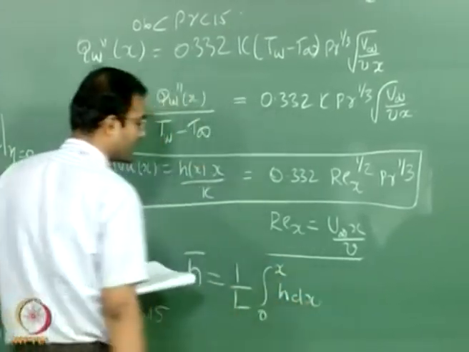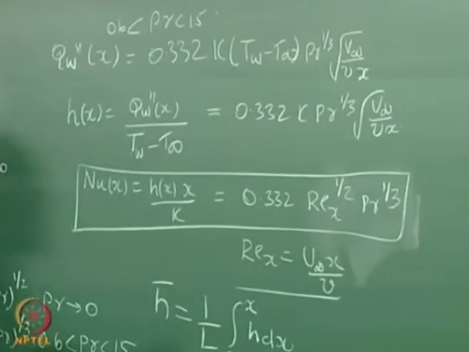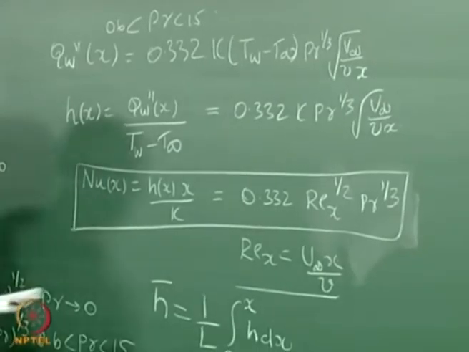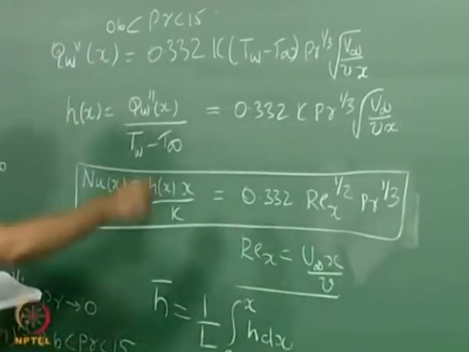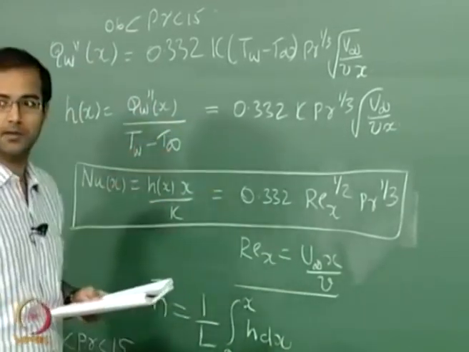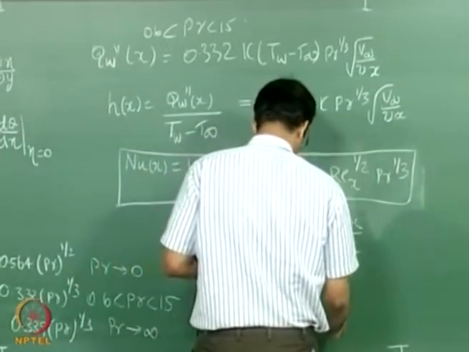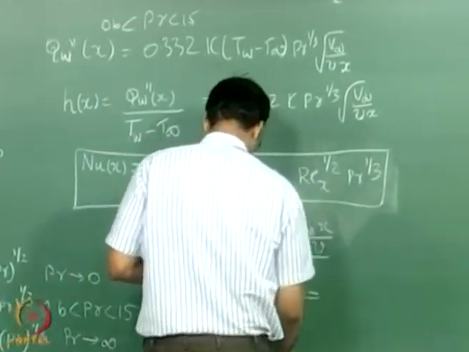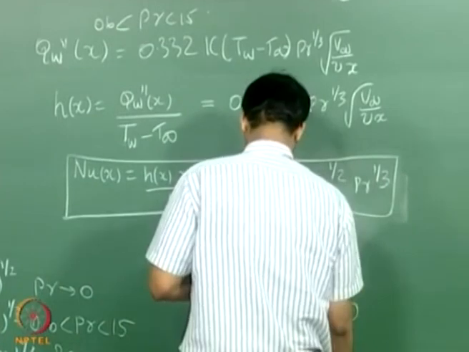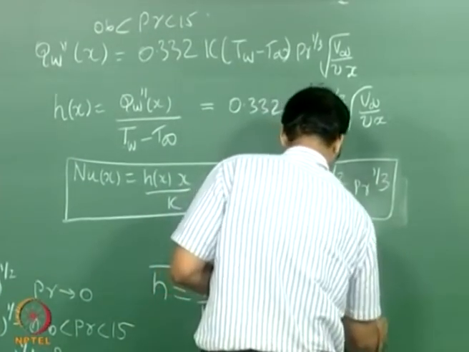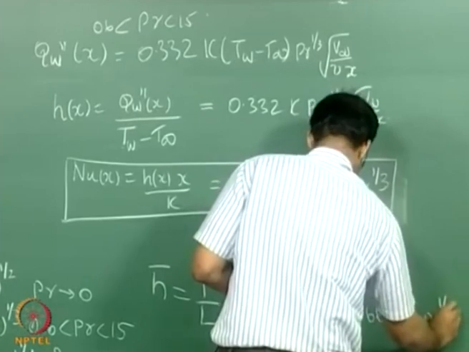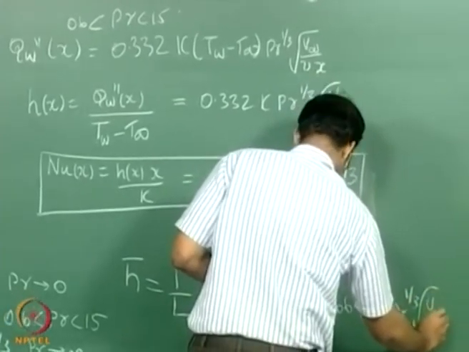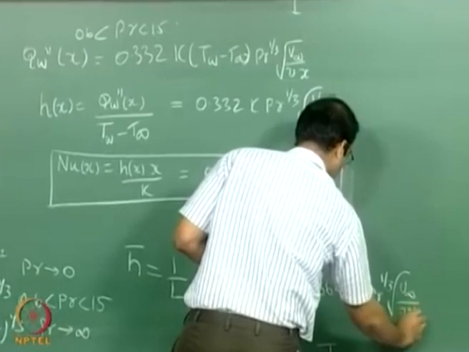This is the way I define my average over the entire plate length. If I substitute, you can probably do that as a nice exercise, you can substitute and integrate with respect to x. You will find that the resulting expression will be 0.664 k Pr power 1/3 square root of u infinity by nu L.